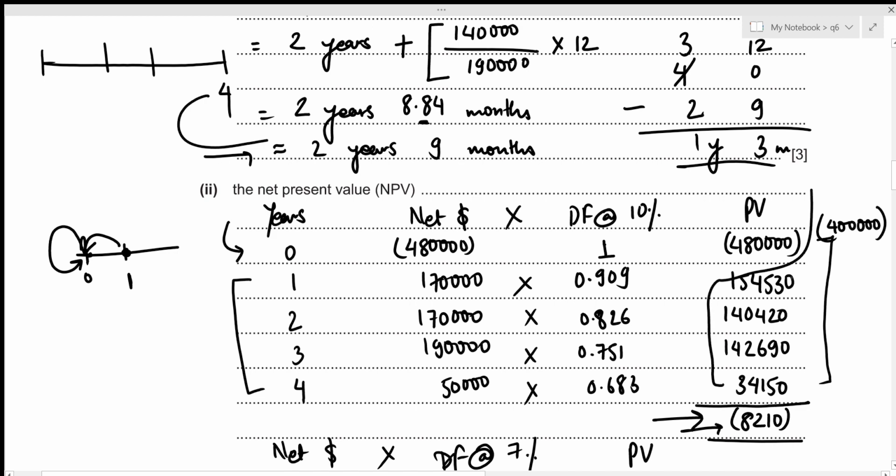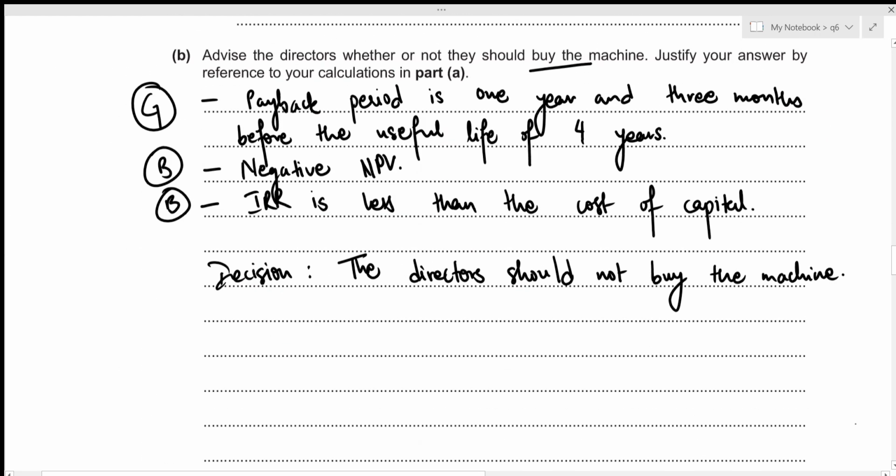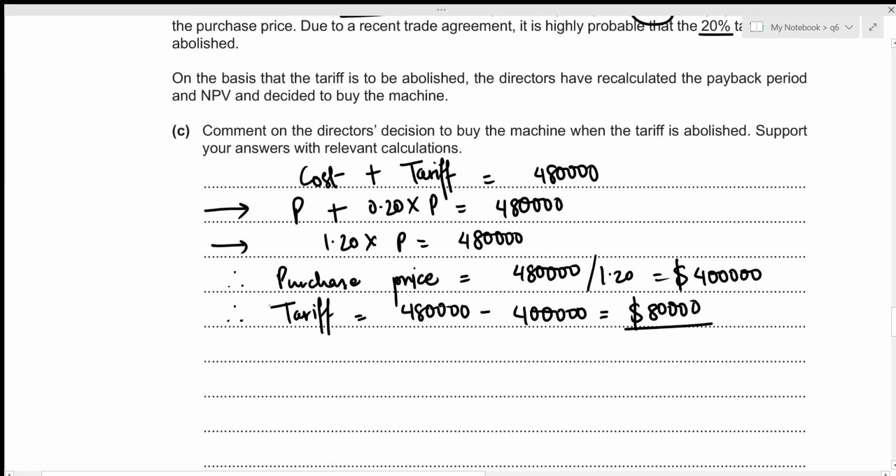So that's negative 400,000 plus 154,530 plus 140,420 plus 142,690 plus 34,150, which results in the new net present value to have the value of 71,790. Let's write it down. So revised net present value is 71,790.